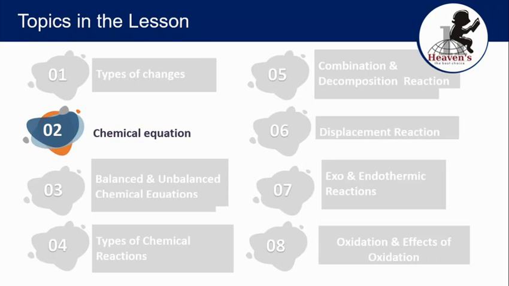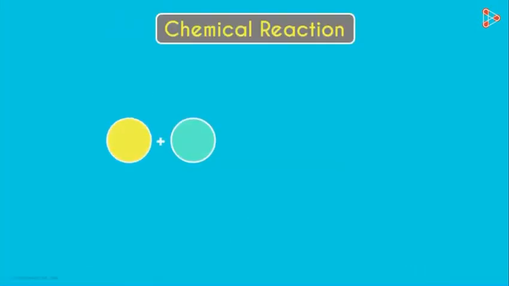Next, let us go to the next topic, chemical equation. What is chemical equation? Now we have to see an activity to know about the chemical equation. First we have to know what is chemical reaction. Here two substances combine together to form two other substances.